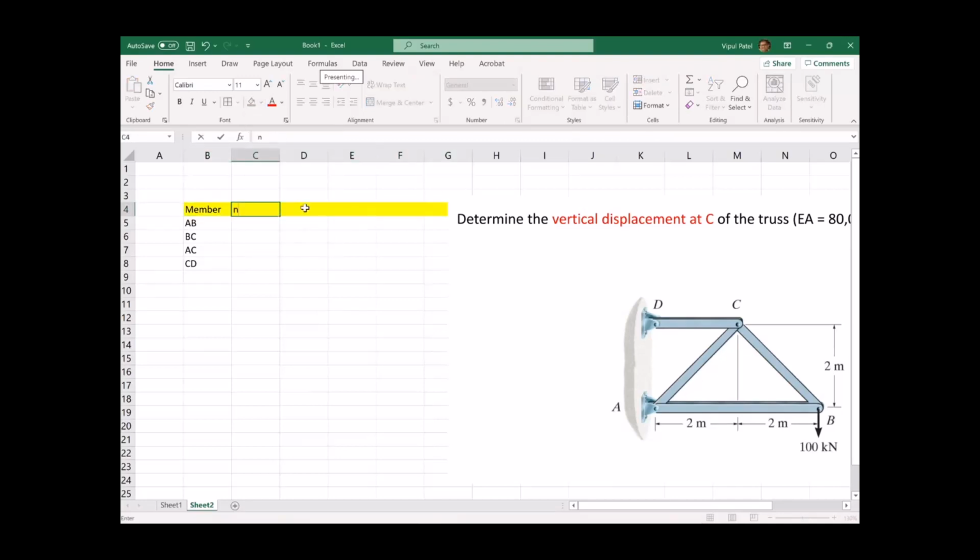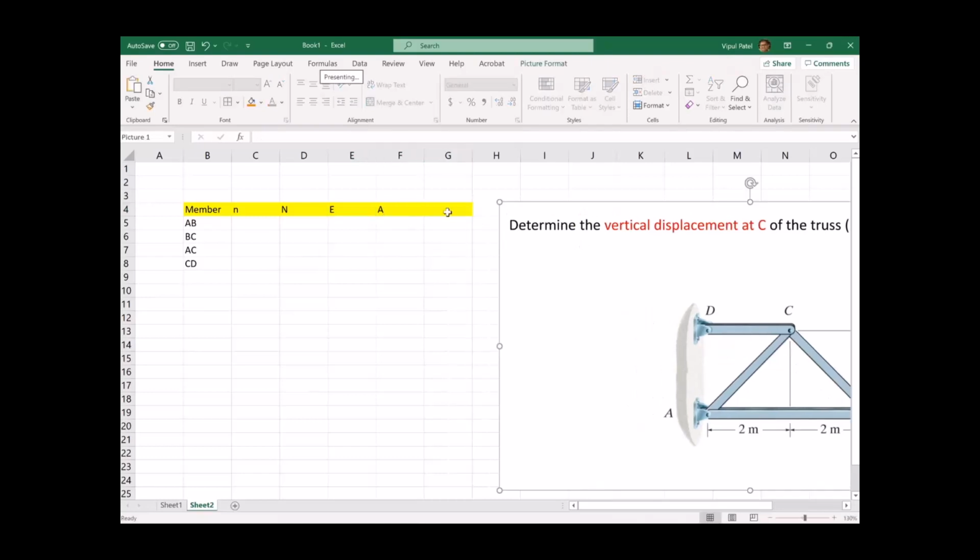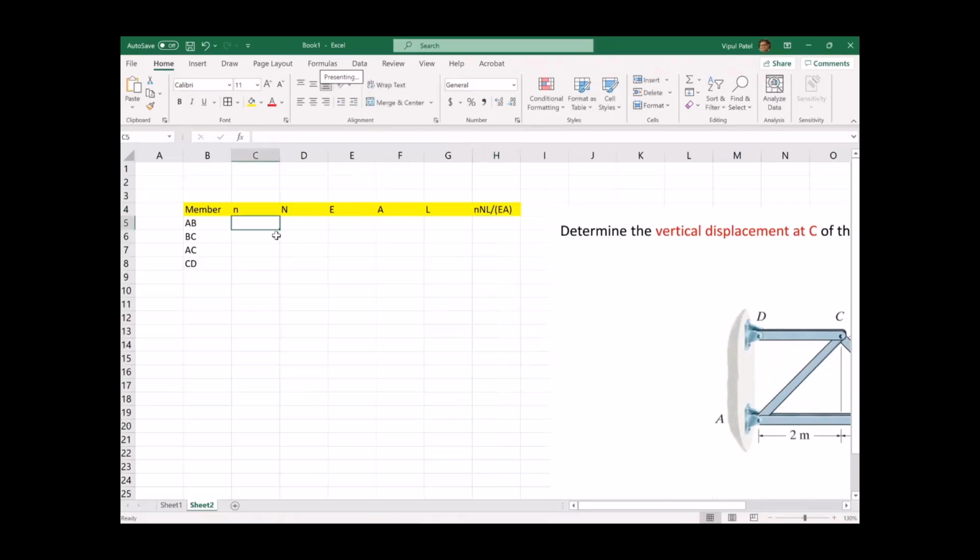Then we will have small n, capital N, E, and let's put A, and then we will have L, and then we will do small n, capital N, L divided by EA. Right, so let's put these values.